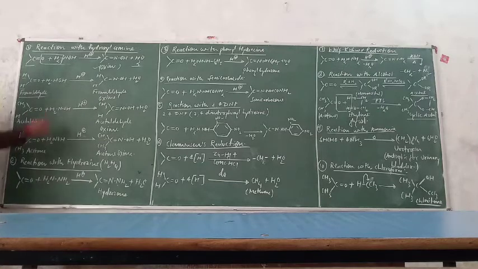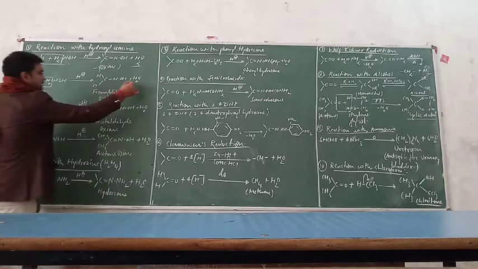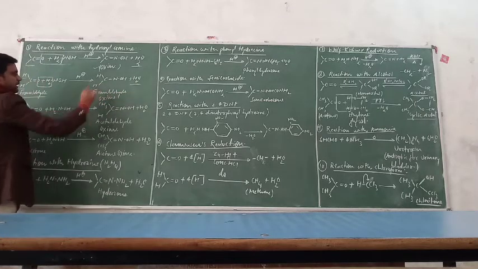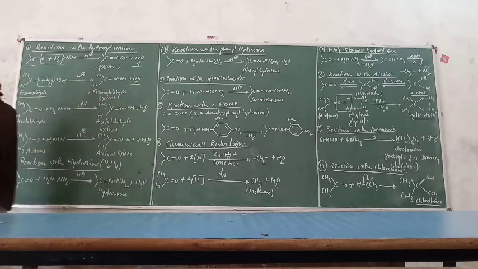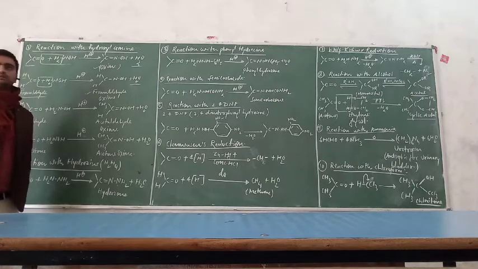Clear? This is formaldehyde, and when formaldehyde is treated with hydroxylamine, then the same reaction occurs: the two hydrogens from the hydroxylamine and oxygen from the formaldehyde form the water molecule, and the compound which is formed is known as formaldehyde oxime.